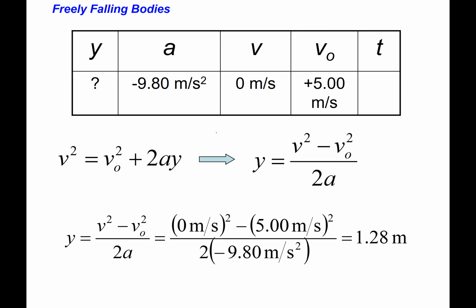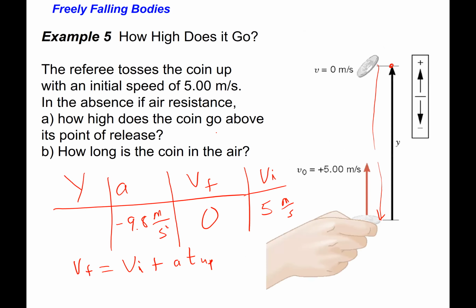First, we solve for the maximum height that it reaches. Plug in those values, and we can find that. And then in the example that I gave here, we can rearrange to find time.